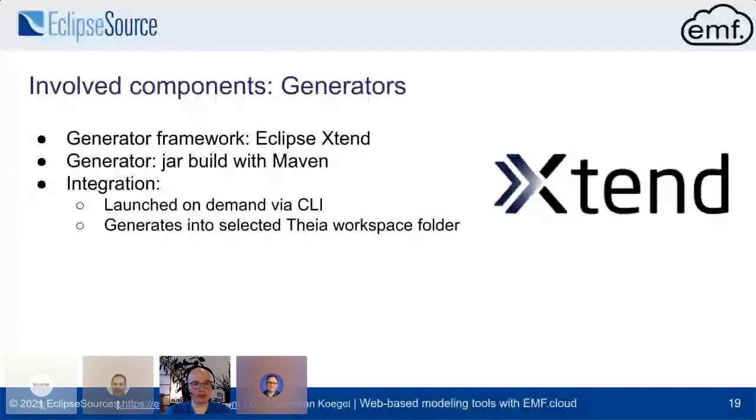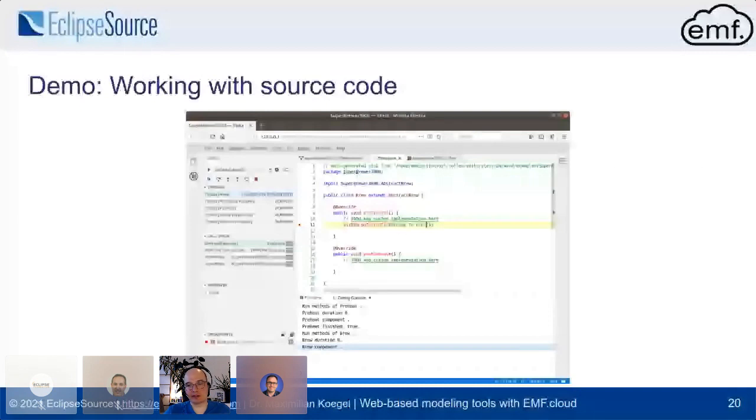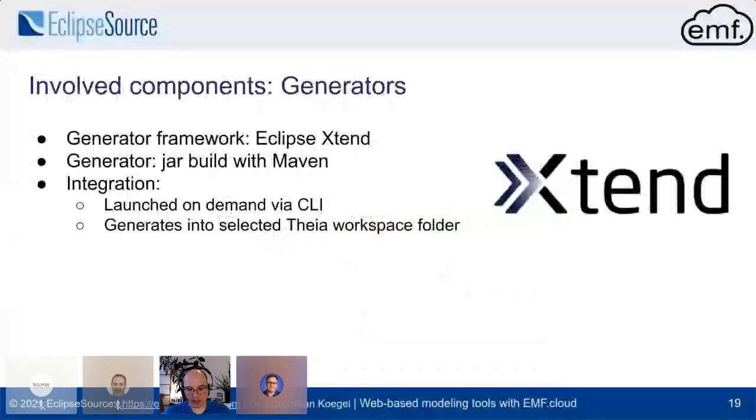That parameter will specify where the generator should generate to and what model file it should consume from the workspace. I don't have a slide on that. Basically, what happens if you launch that generate workspace command in the front end is that it will go to the Theia backend.